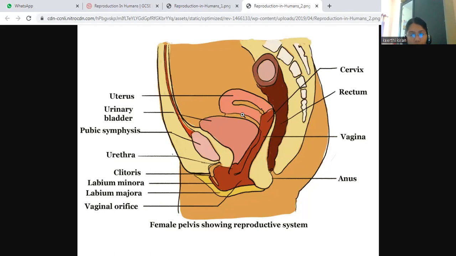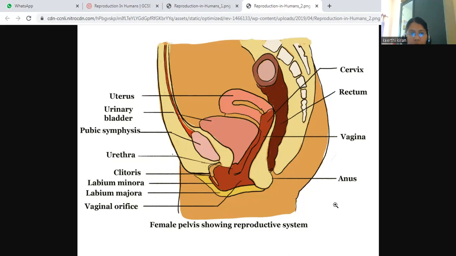When a girl is born, the eggs inside the ovaries remain immature. The eggs are released only when she reaches the age of puberty. Till then, they remain in the immature stage.